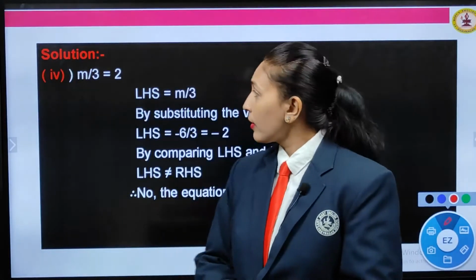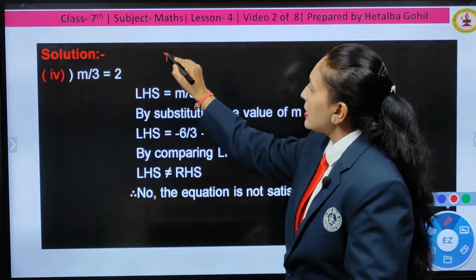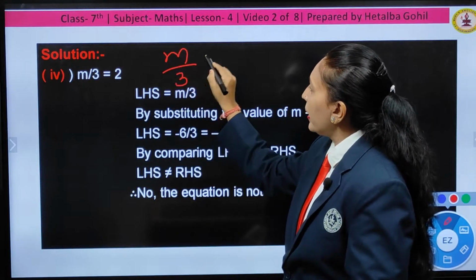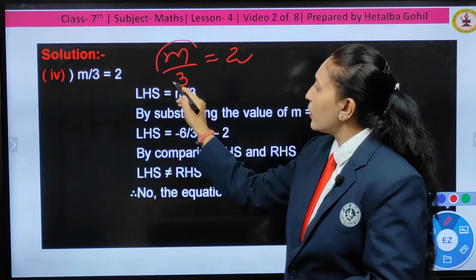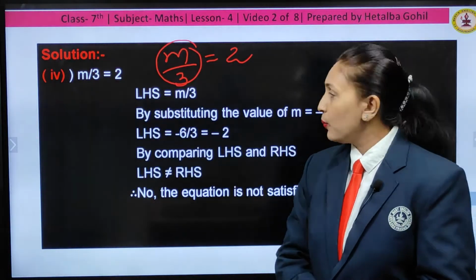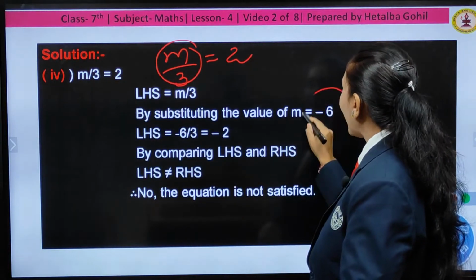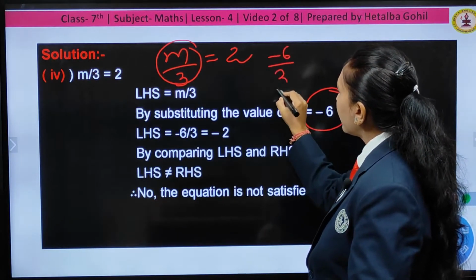Next one, m divided by 3 equal to 2. Now children, the LHS is m divided by 3, and when we substitute the value of m as minus 6, it will be minus 6 by 3.